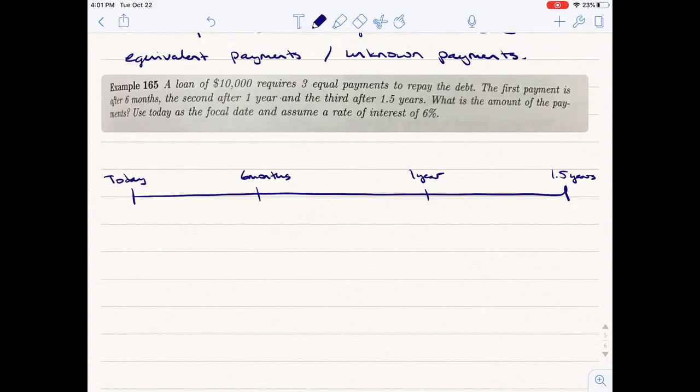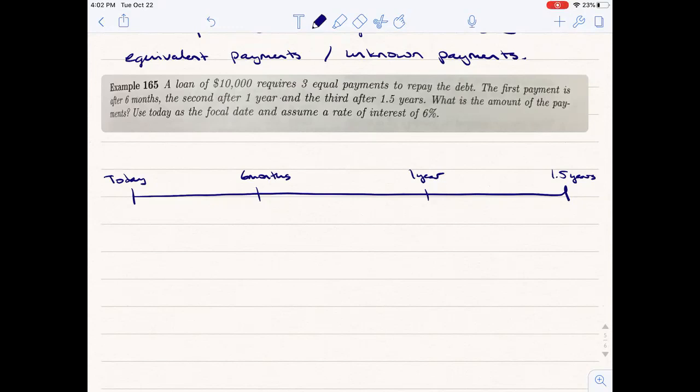But we want to make these equal, because otherwise it's really hard to communicate to a client, for example: 6 months from now you're going to pay back $120, and then a year from now $127.50, and then a year and a half from now $131. That makes sense? No, it doesn't. So that's why we want equal payments, so that it's easier to talk about. But those equal payments take into account the different interests that we have to pay. Okay?